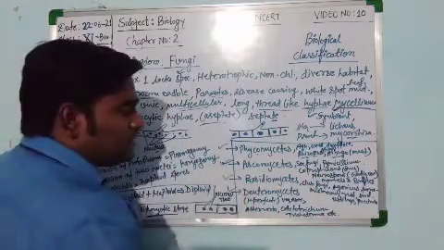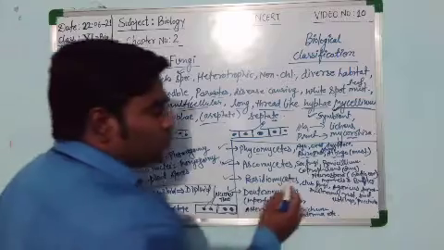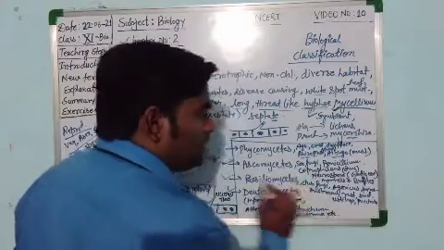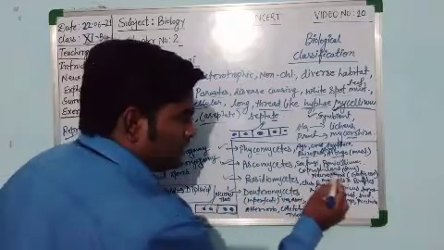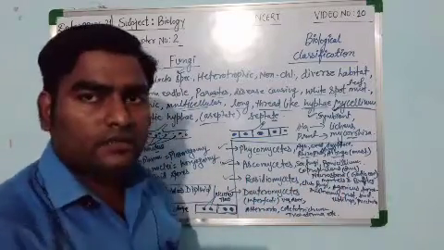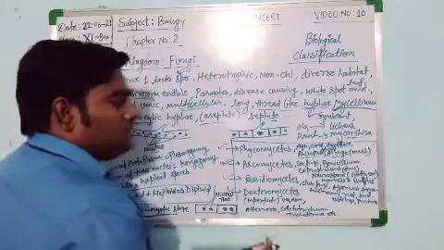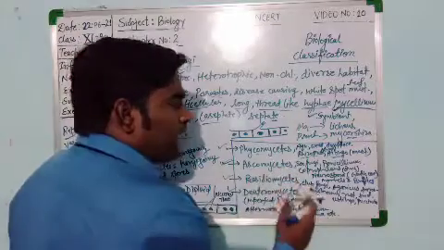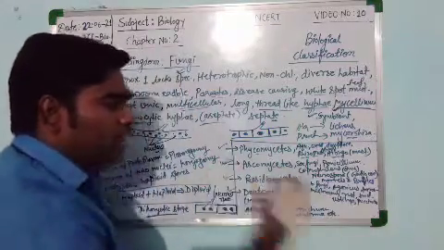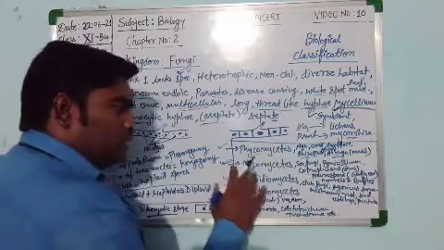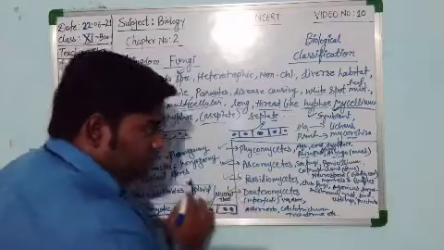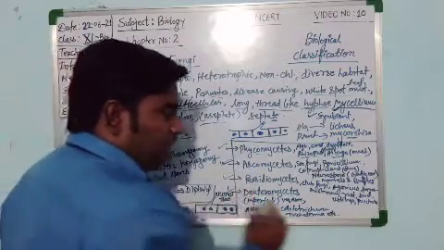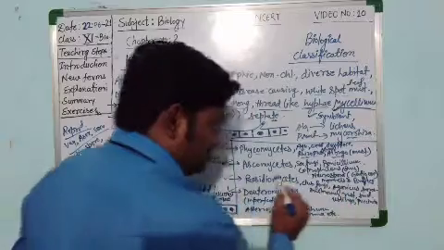Now see the Ascomycetes. Ascomycetes are known as sac fungi. The main example is Penicillium, and they may be coprophilous, growing on dung, either cow dung or buffalo dung. The most important member of Ascomycetes is Neurospora.